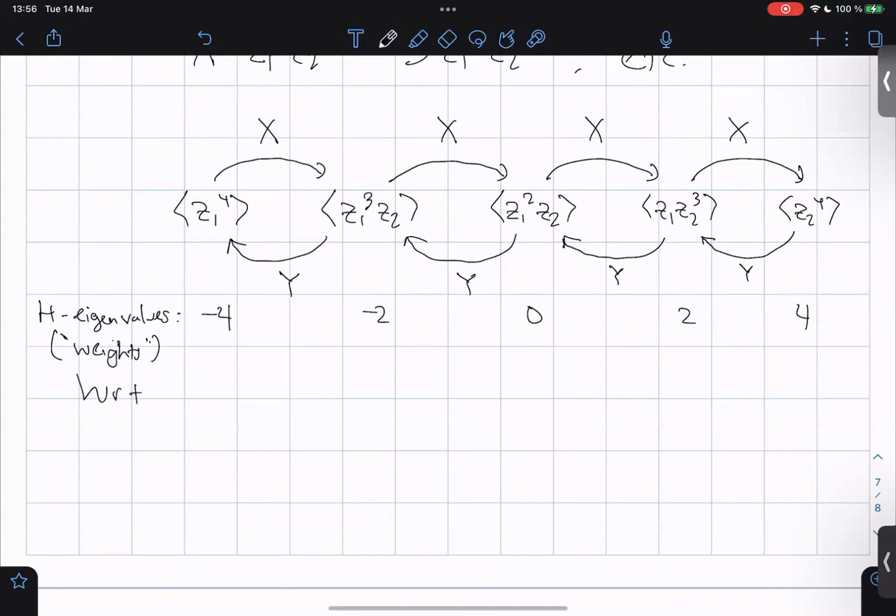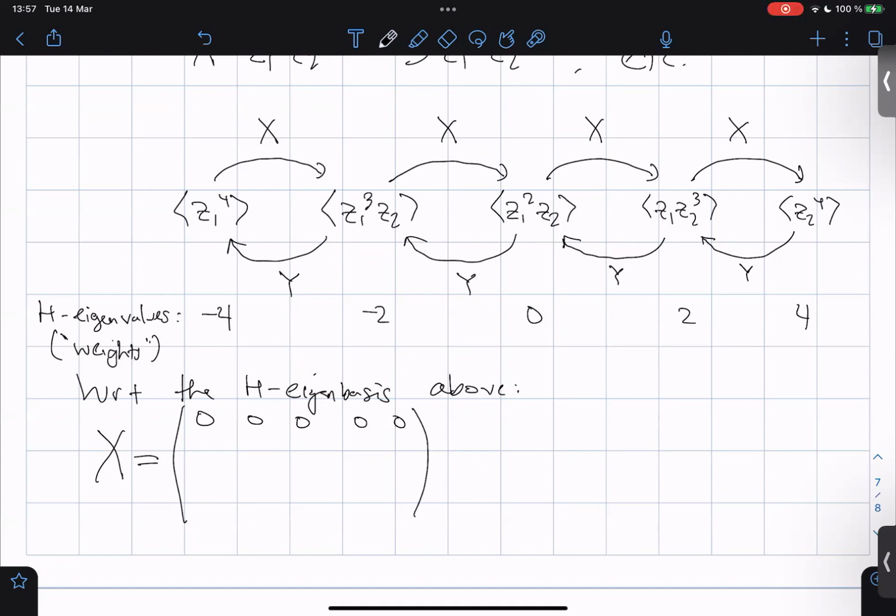With respect to the H eigenbasis that we have above, this pi4 of X is on a 5-dimensional space, so I have a 5 by 5 matrix.